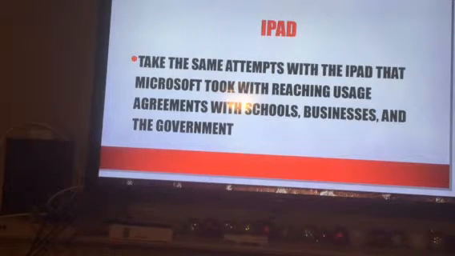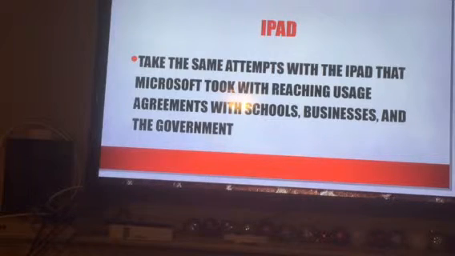In the early 90s, Microsoft reached agreements with many different organizations, and as a result, they were able to not only get their operating system into schools and businesses, they were also able to get their actual computer brand, mice, and everything else connected with that.